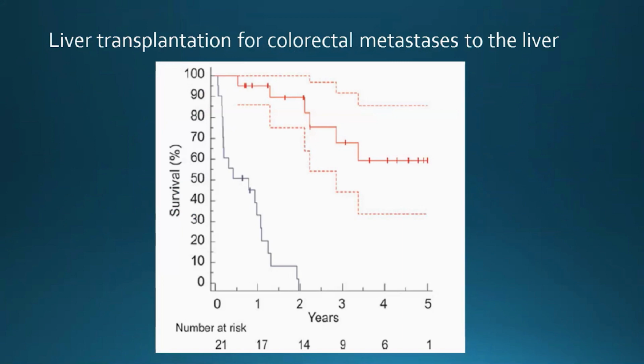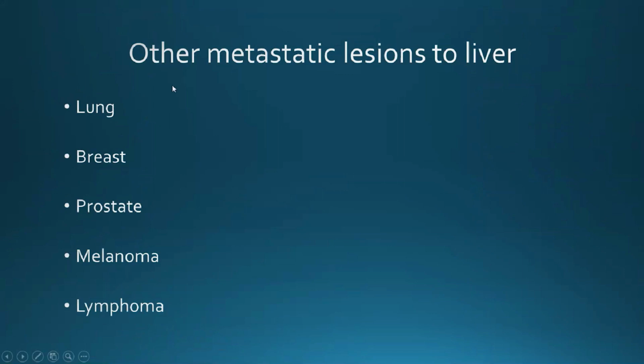However, as we know, organ shortage is the main issue in transplanting colorectal metastasis, because we have many colorectal cancer patients who metastasize to the liver and want a transplant, but this doesn't work unless we use living donor liver transplant. We have other metastatic lesions to the liver: lung, breast, prostate, melanomas, lymphomas, and all these.